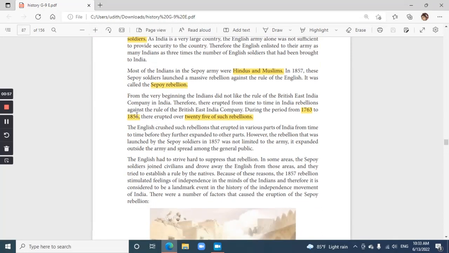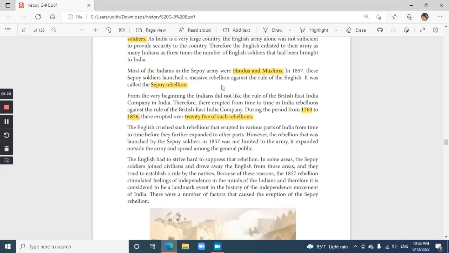Most of the Indians in the Sepoy army were Hindus and Muslims. So in 1857, the Sepoy soldiers organized a massive rebellion against the rule of the English.